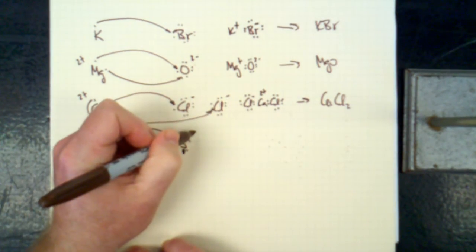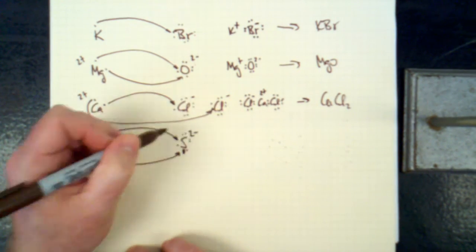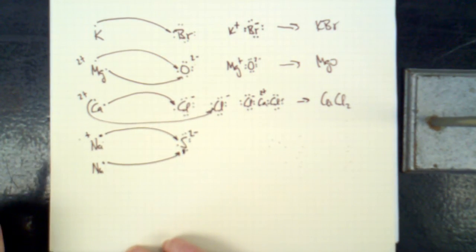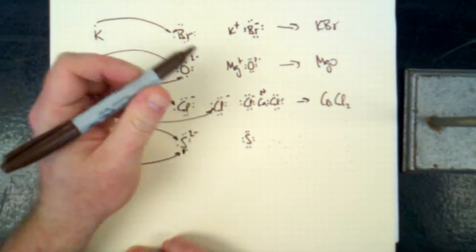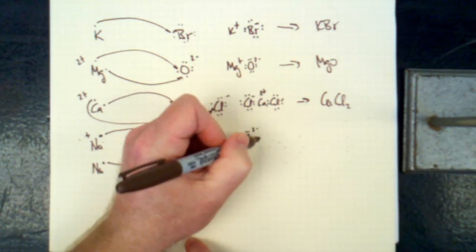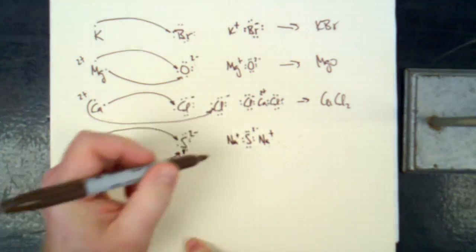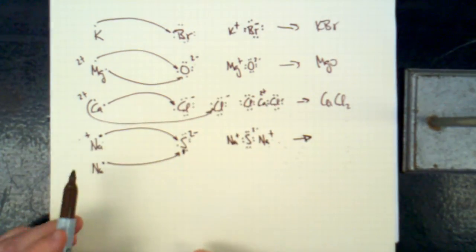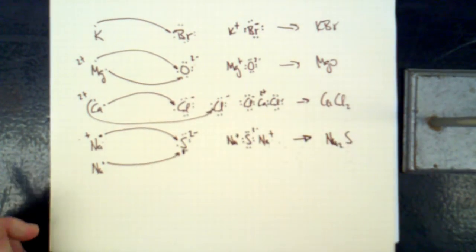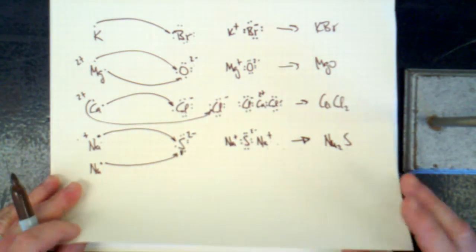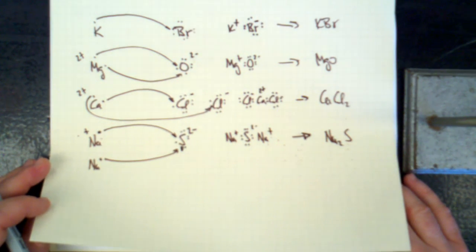This guy became positive, this guy becomes negative, and so it steals the electron to put it in here, so now it's a double negative. So the sulfur is in the middle, 2 negative, and the sodiums are on the outside. And what that yields is a formula that has 2 Na and 1 sulfur, Na2S. So that's how we draw Lewis diagrams for ionic compounds.